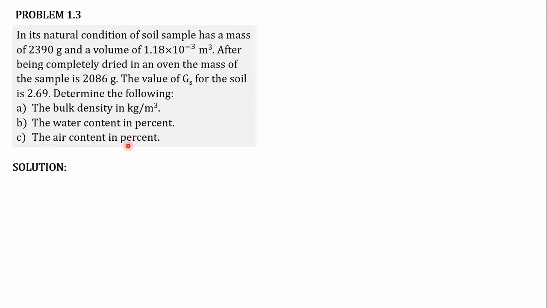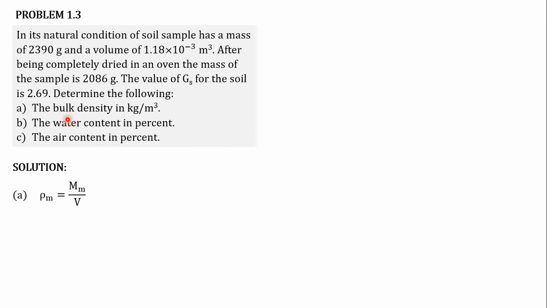Okay? So, solution. The bulk density in kilogram per cubic meter, ang bulk density niya, meaning, the bulk density is the moist density of a soil. Or bulk density, that represents the natural density of a soil, natural state of soil niya.